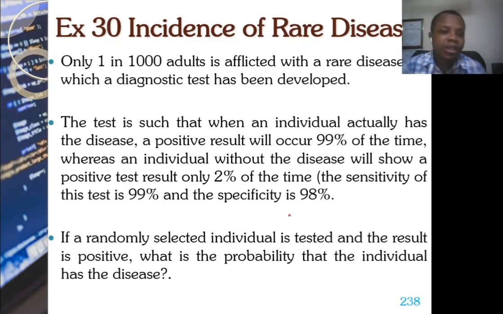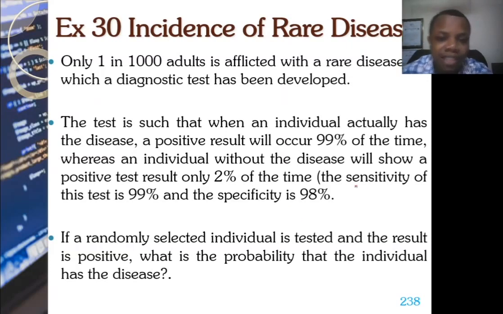Okay, so with this, there is an incidence of a rare disease occurring in a certain vicinity, and only 1 in 1,000 adults is affected with this rare disease, for which a diagnostic test has been developed.